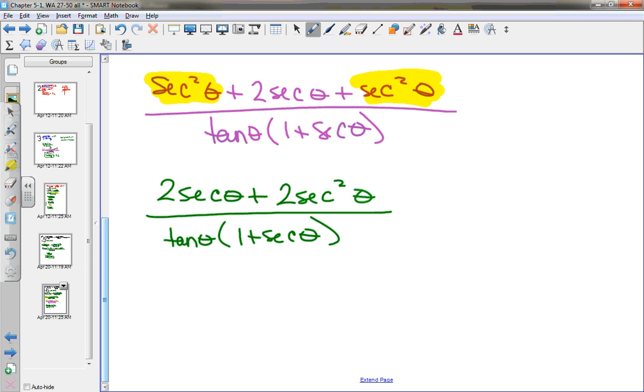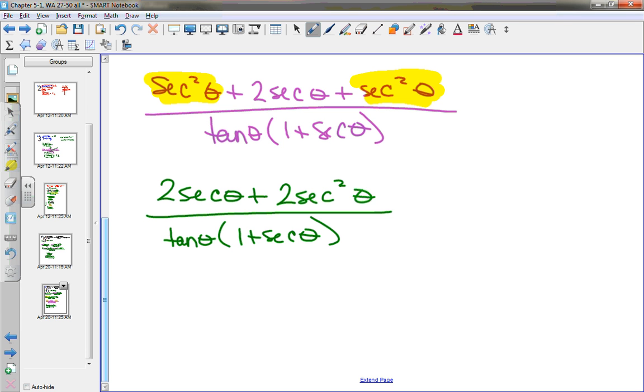What did you say? Is that an identity? Is what an identity? 1 plus the secant of theta? No. You have squares. All of your identities have to be squared, okay? Unless you're specifically solving for one of them, like secant or tangent, and then you're going to have the square root concept going on, okay?